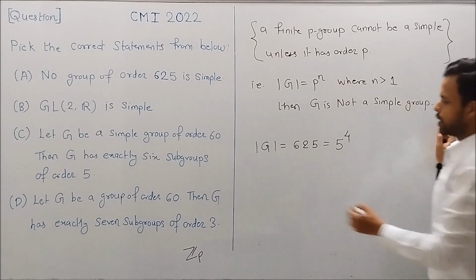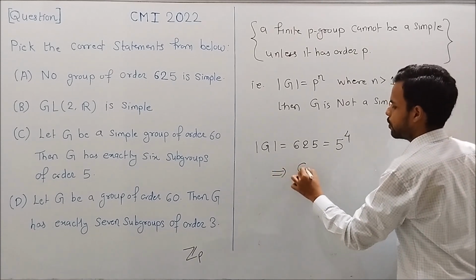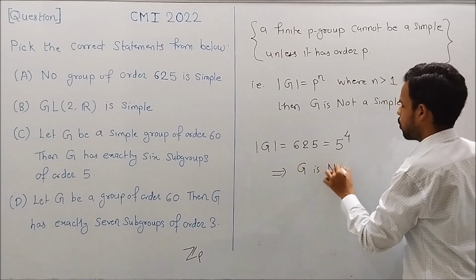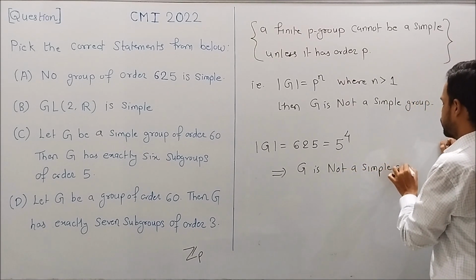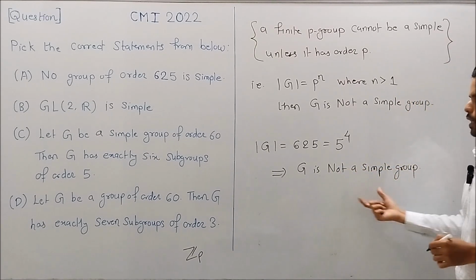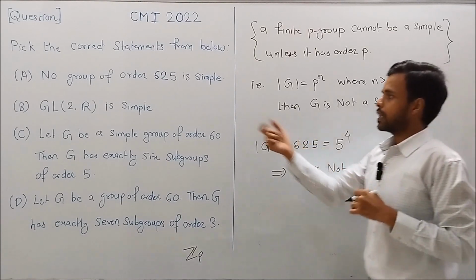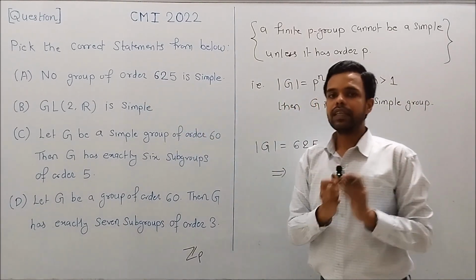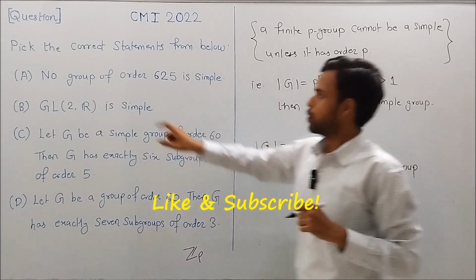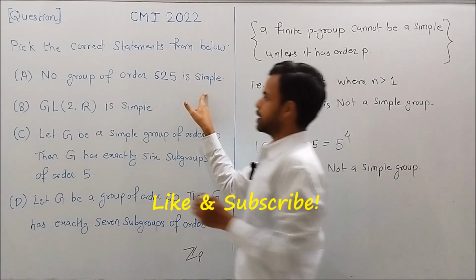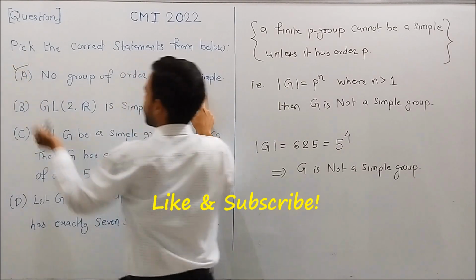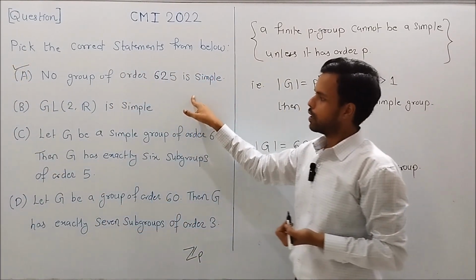So according to this result, G is not a simple group. That is, if the order of G is 625, then G is not simple. So no group of order 625 is simple. This is a true statement, so we mark it as correct.